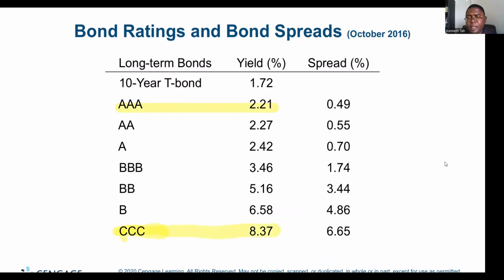This makes sense. Investors will demand more for taking more risk if they are investing in junk bonds. As for the spread, we already said the spread captures default risk and liquidity risk. So bonds of high rating tend to have a lower spread, whereas bonds of low rating tend to have a higher spread.